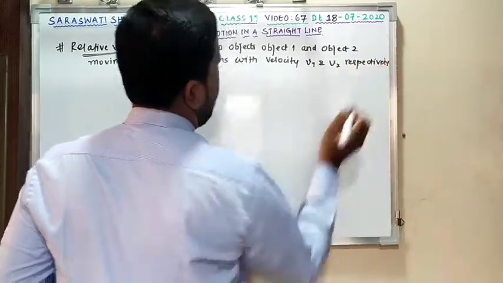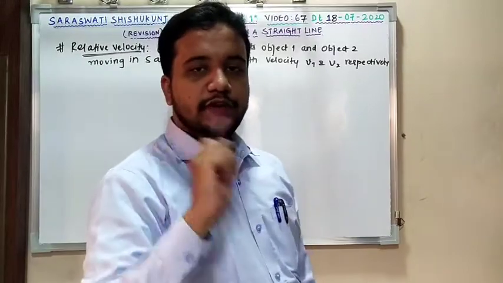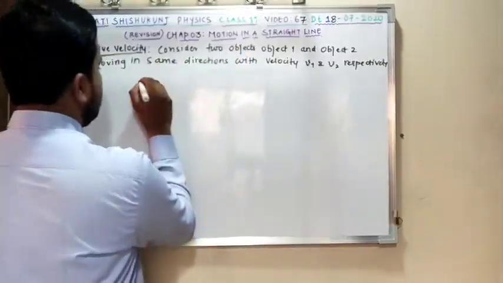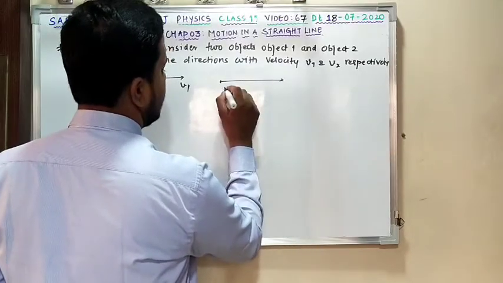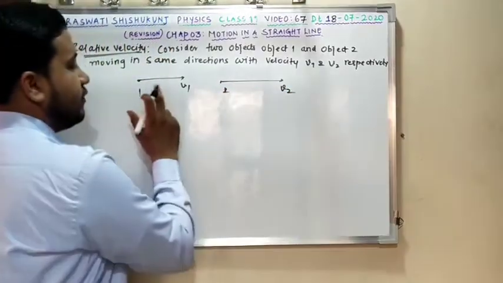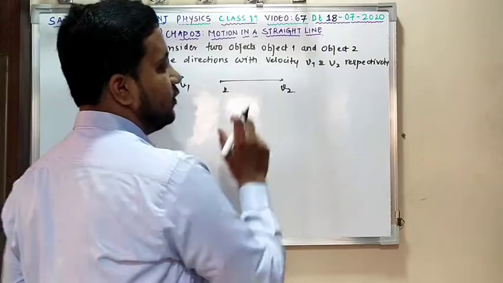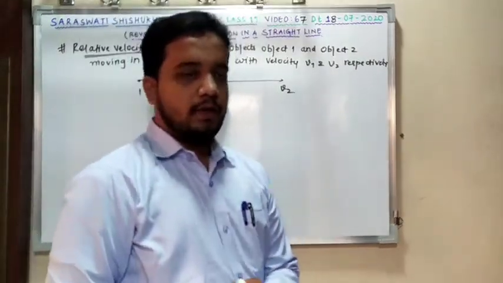Clear? I have taken two objects moving in the same direction with constant velocities v1 and v2. Object 1 moving with velocity v1, object 2 moving with velocity v2.